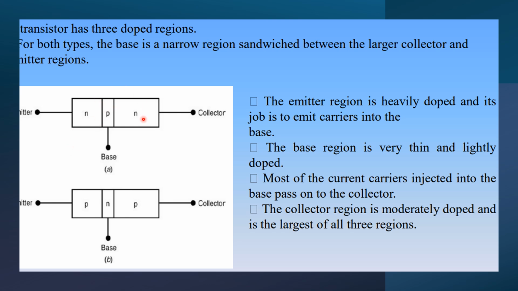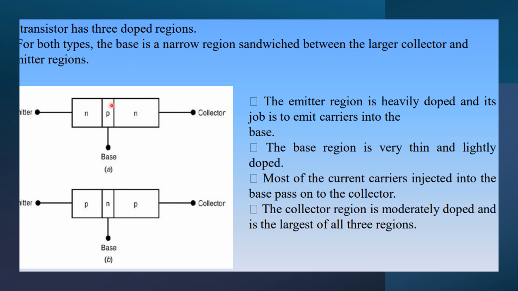Most of the current carriers injected into the base pass on to the collector. The collector region is moderately doped and is the largest of all three regions. The collector is moderately doped and the width is more when compared to the emitter and the base. Emitter is heavily doped, base is slightly doped, collector is moderately doped.